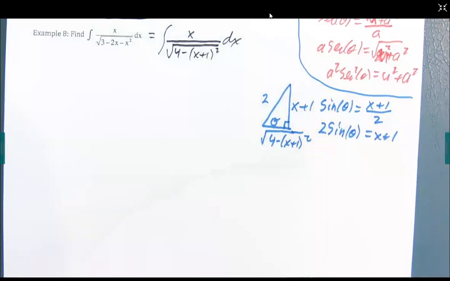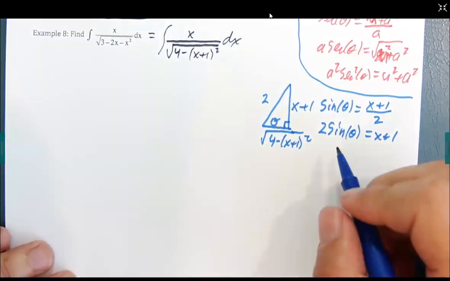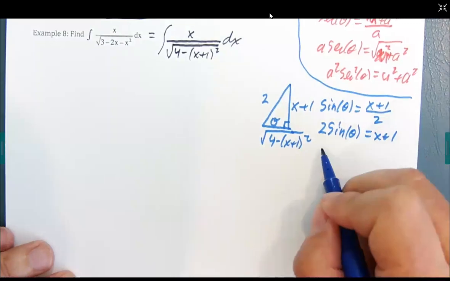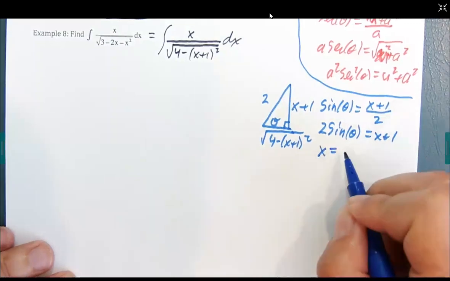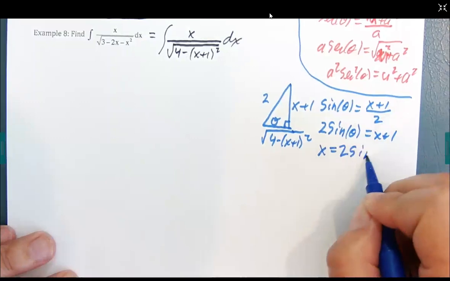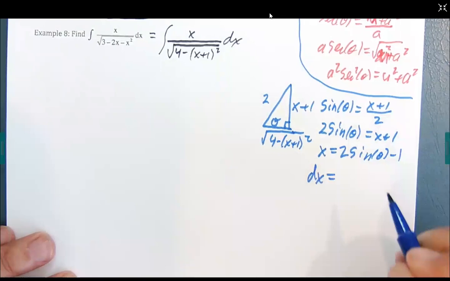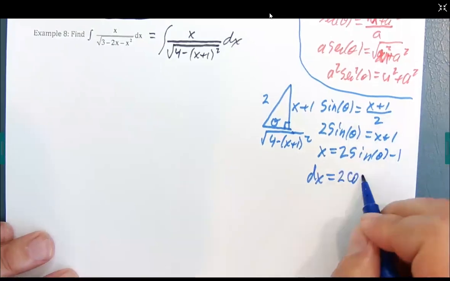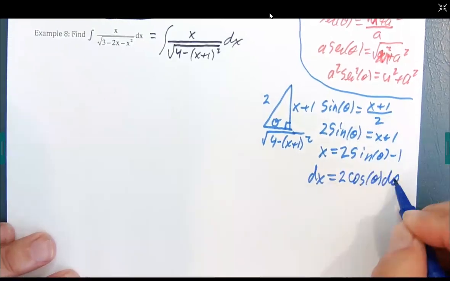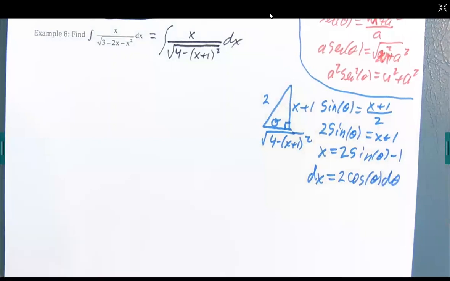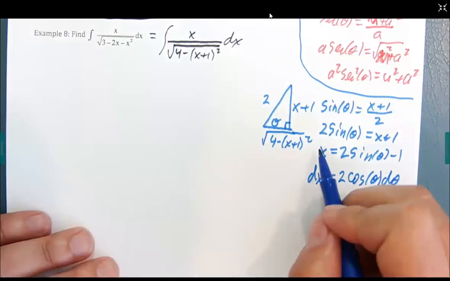All right. And then, I need x by itself. So this gives me x equals 2 sine theta minus 1, which means dx is 2 cosine theta d theta. All right, so there's one of my pieces. Two actually, because we need x as well.